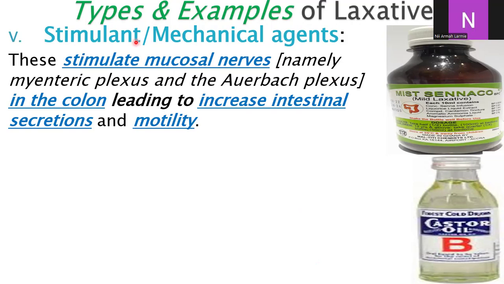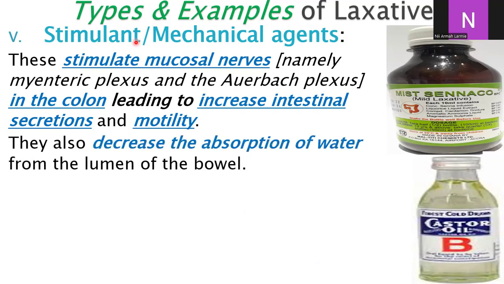Now, what do the bulbar and myenteric plexus do? These are found in the colon and they control motility, peristalsis. And they also increase intestinal secretions. So by stimulating these nerves, we increase secretion, meaning they help soften the content, they help increase the bulk, they help peristalsis, and all these combined lead to relaxation.